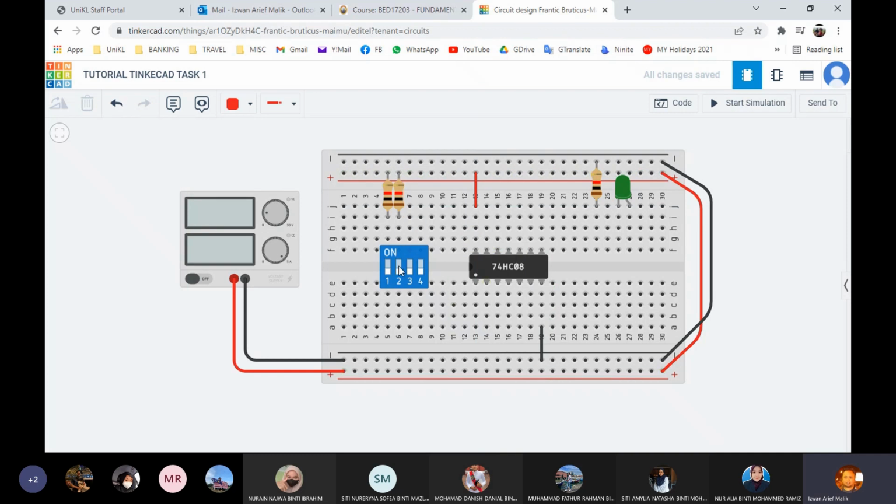And then this switch will be your input. So this switch is like this, it means this is high. This is where we determine 0, 0, 0, 1 and everything. So we use 2, 1 and 2. But we need to connect them to the VCC as well as the ground. So here I have connected it to VCC and I limit it using a resistor.